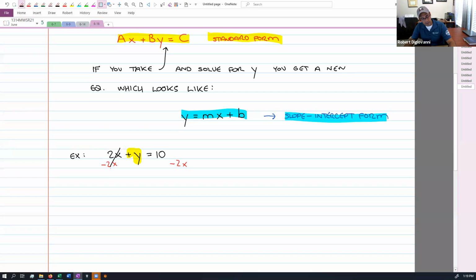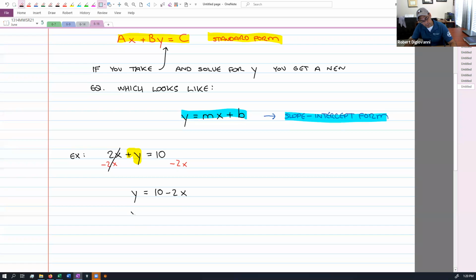That would leave me the y on the left, and on the right, I'd have 10 take away 2x. Now I cannot put those together. This doesn't become 8x because this has an x, this does not. So these are not like terms. What I want to do is make it look like y equals some number in front of x and then plus some number.